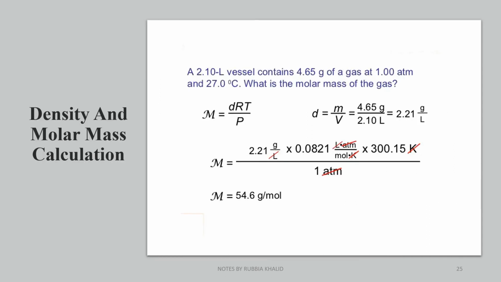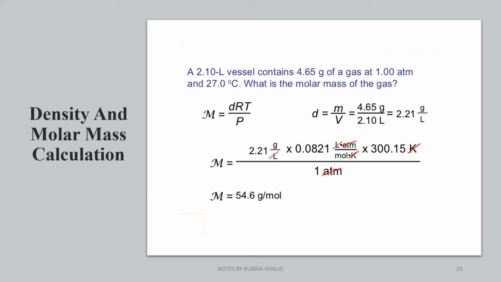Example of density and molar mass. A 2.10 liter vessel contains 4.65 gram of gas at 1 atm and 27.0 degrees Celsius. What is the molar mass of the gas? Using the molar mass formula, which is equal to DRT over P, we're going to substitute all the given data.